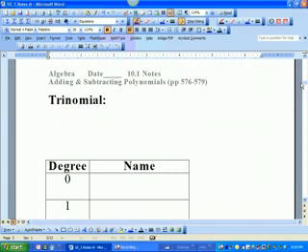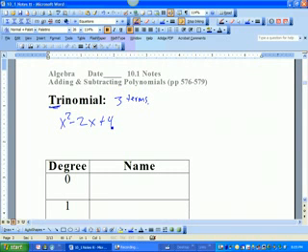And then a trinomial is kind of the same thing. Tri means what? Three terms, separated by plus signs or minus signs. So x squared minus 2x plus 4. Anything over 3, we usually just refer to with the general name polynomials.